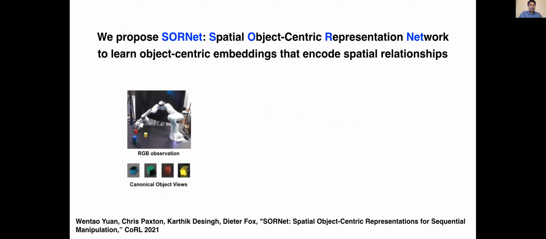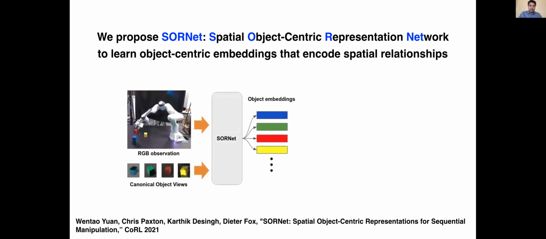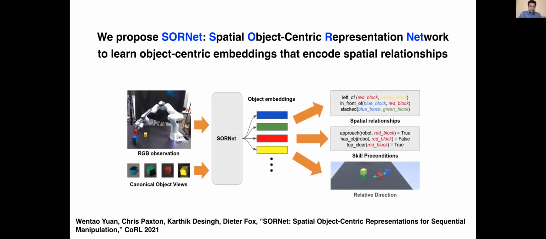The key idea here is that SORNet learns object-centric embeddings from raw RGB observations. The way we figure out how good these object embeddings are is by looking at demonstrations showing that learning these embeddings can enable spatial relationship reasoning on unseen objects in a zero-shot fashion.